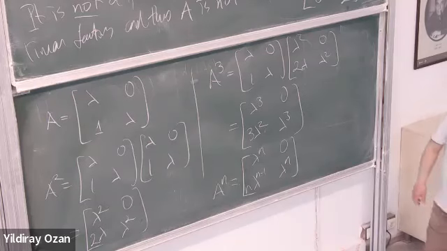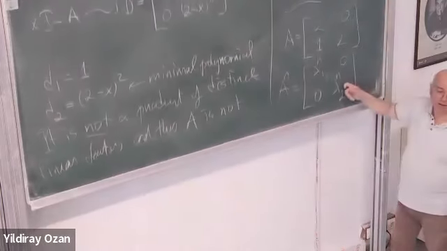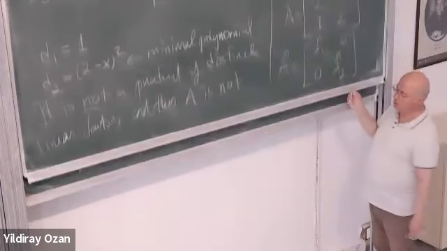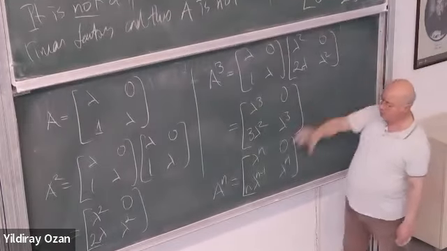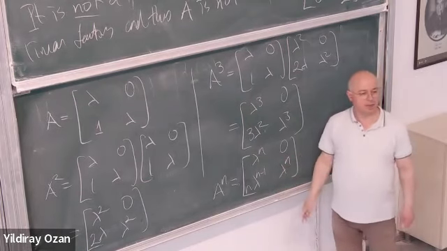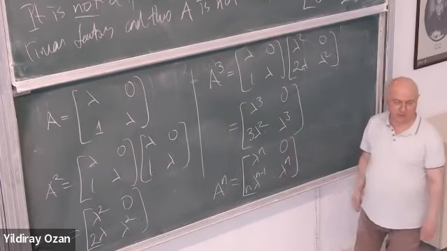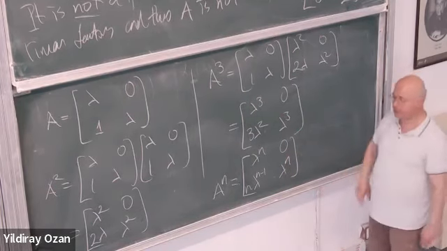Okay? It is not as good as the diagonal one, but you can still compute any power of it. So this is actually the best we can get for a matrix like this.